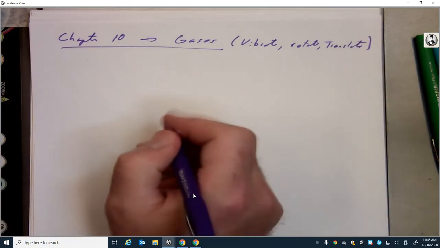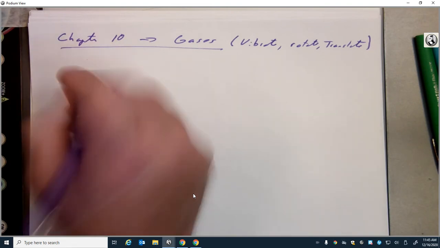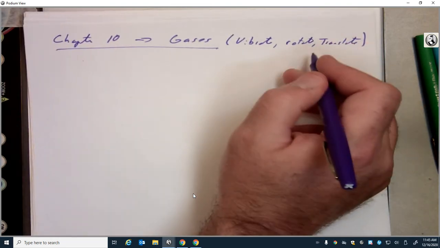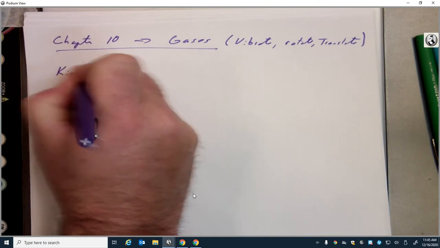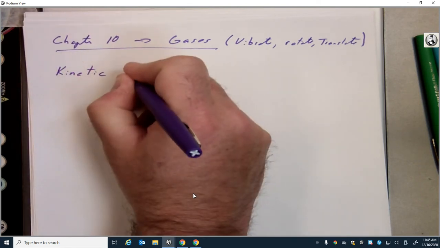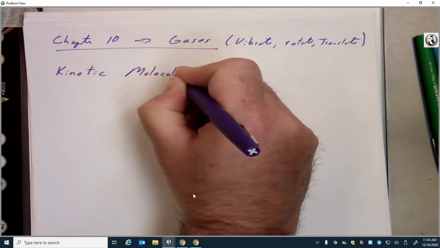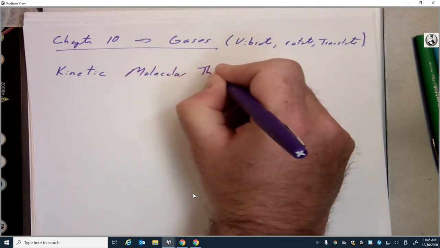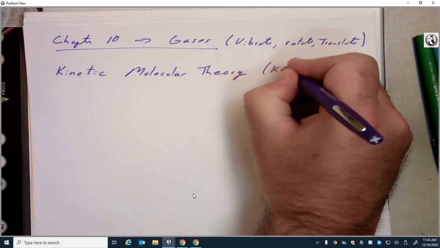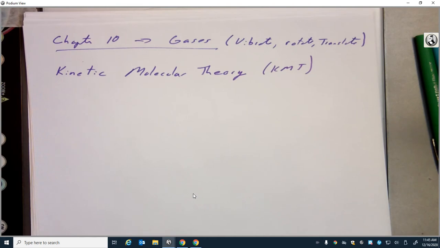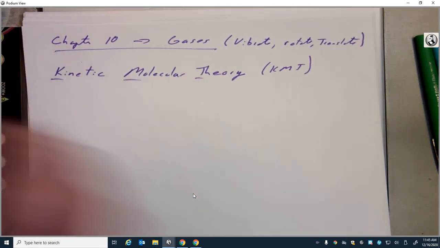And this is really governed, or we use what's called the kinetic molecular theory to explain this behavior of gases. We also just call it the KMT, or the kinetic molecular theory, right?